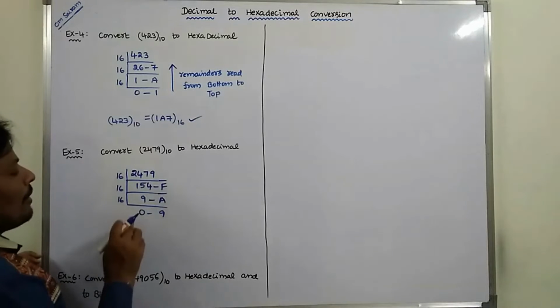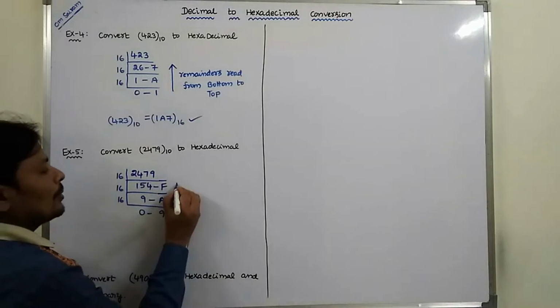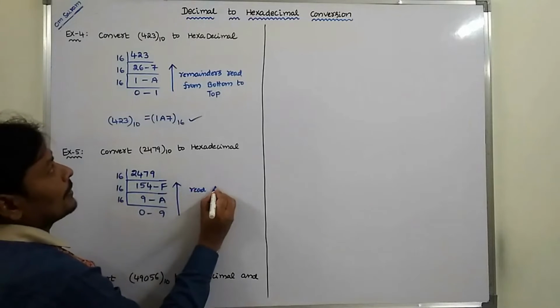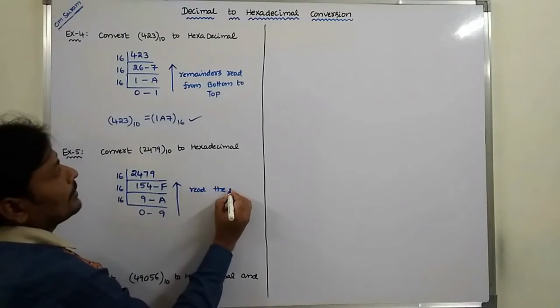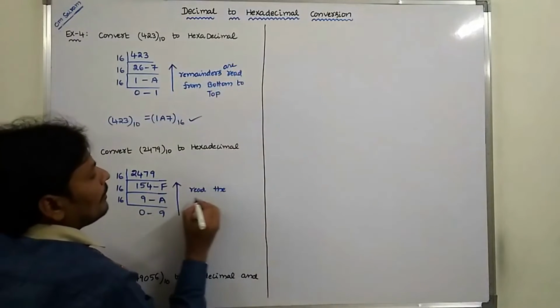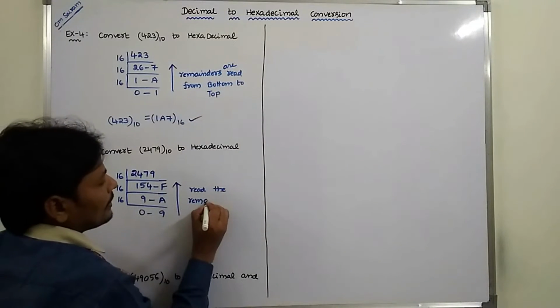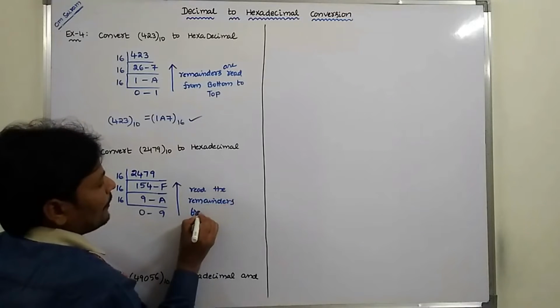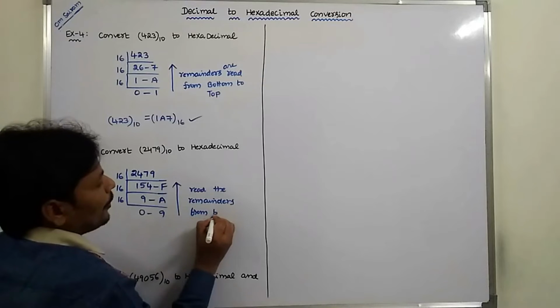Okay. So once the quotient is 0, then write the remainders from bottom to top.